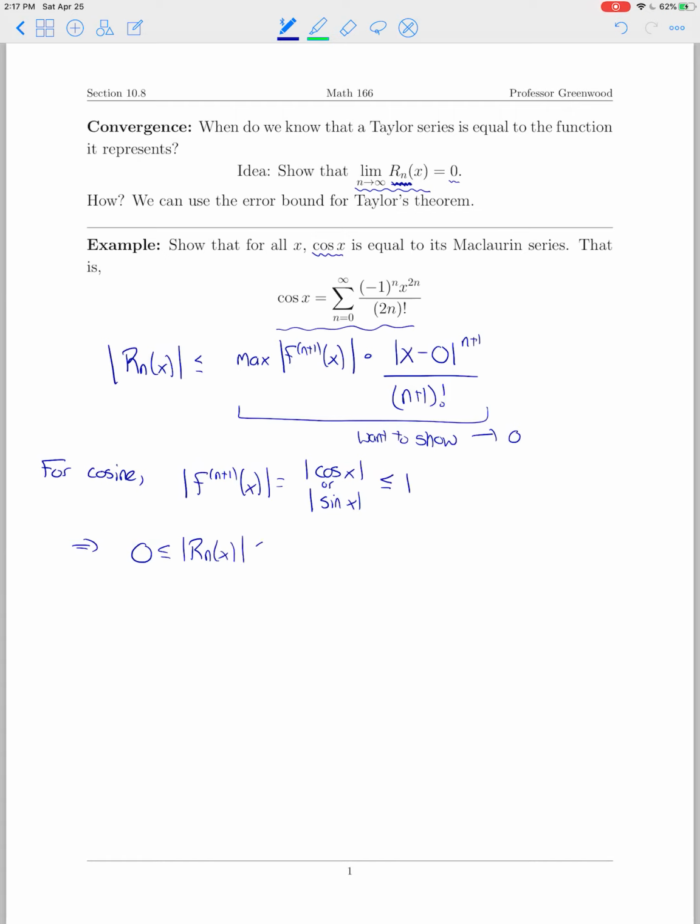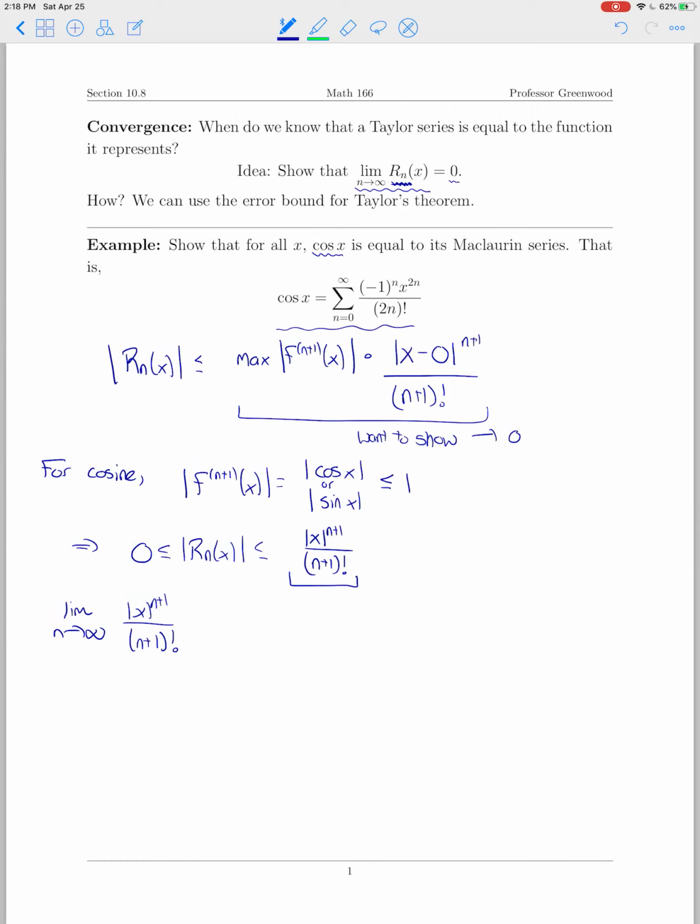So at this point, we know that 0 is less than or equal to Rn of x, which is less than or equal to x in absolute value to the n plus 1 over n plus 1 factorial. Now I want to take the limit of this term. If I take the limit as n goes to infinity of x to the n plus 1 over n plus 1 factorial, then you might recall that factorials grow faster than exponentials, regardless of what the base is in the exponential.